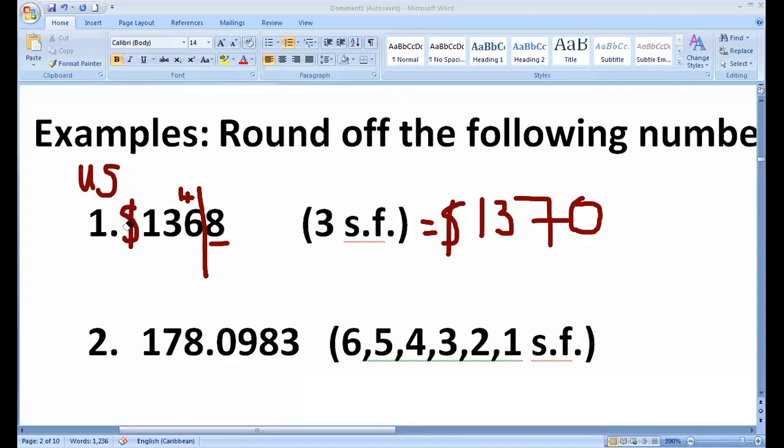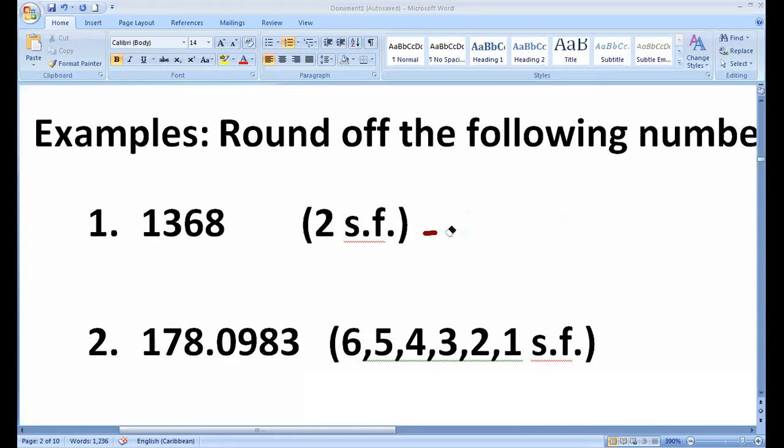Now what I'm going to do is change this question, not to 3 significant figures, but to 2 significant figures. Class, I want you to work this out.